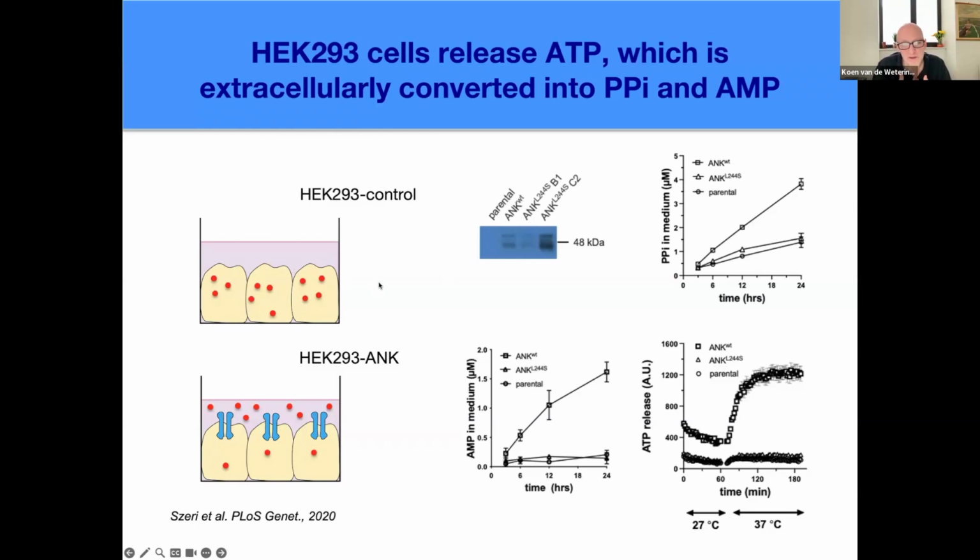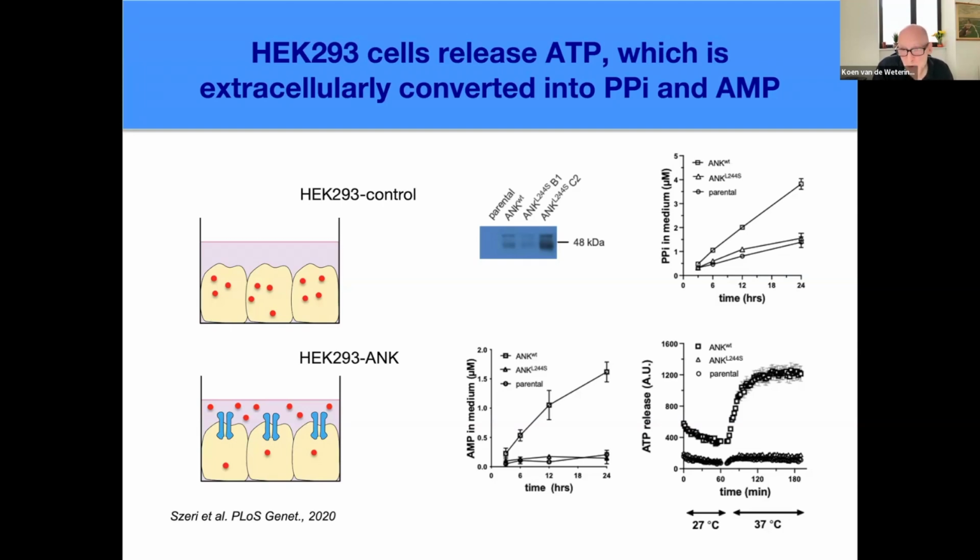And we could then collect samples of the extracellular milieu that these cells were in. And we could test if ATP was present outside of these cells. And that's shown in this panel. And what we found is that when ENK was present, these cells released ATP into the extracellular environment.